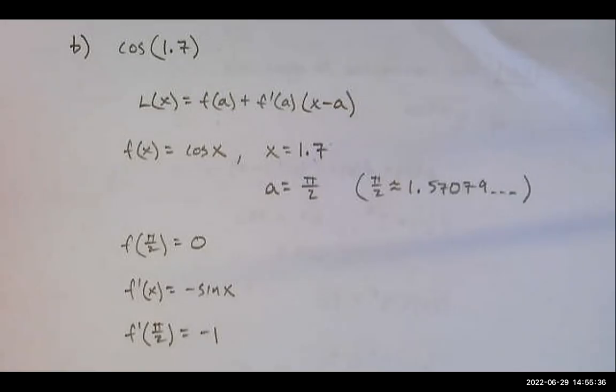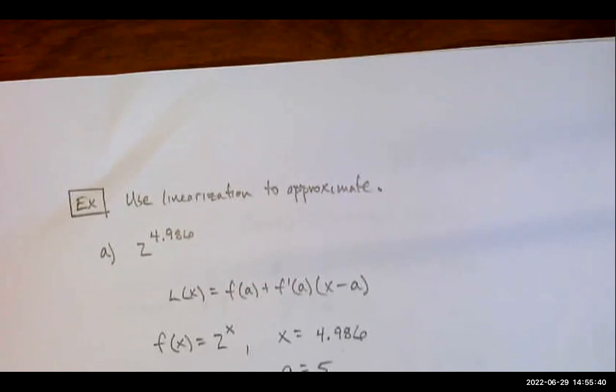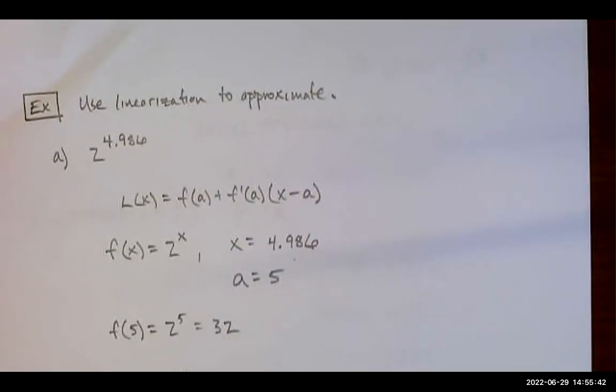Okay, let me jump back over here to my drawing. Let's go back to the linearization of our part A. So 2 raised to the 4.986.